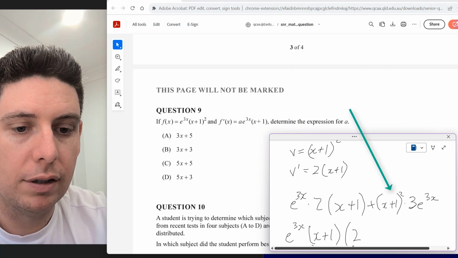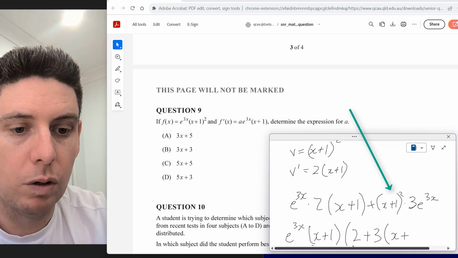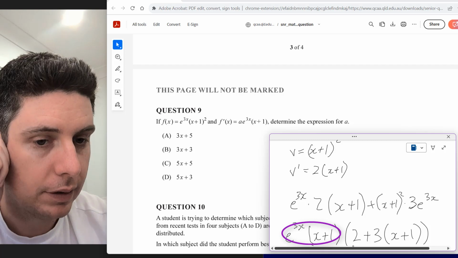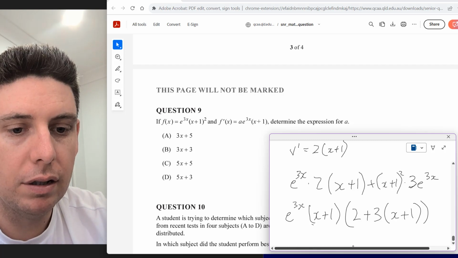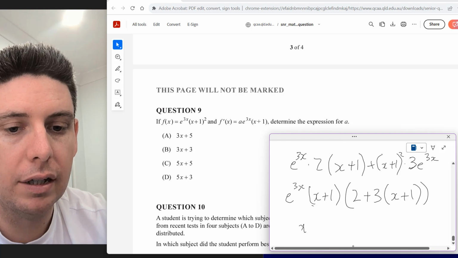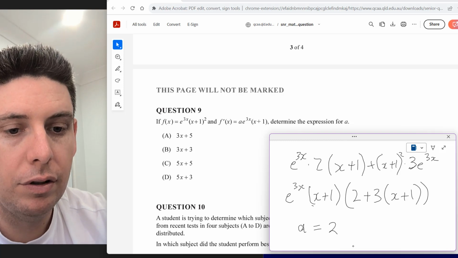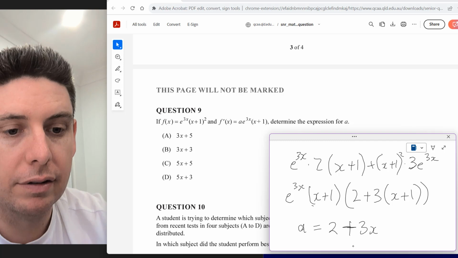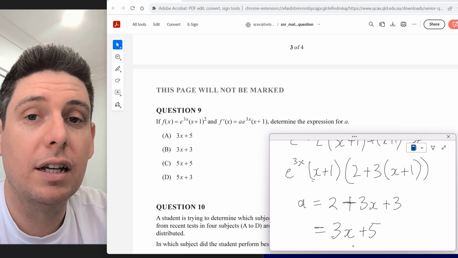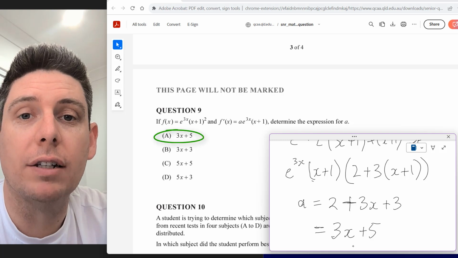The second expression, you've got 3x plus 1 if you divide by this. So that means this bit here is A, and so A equals 2 plus 3x plus 3. So the answer is A for question 9.